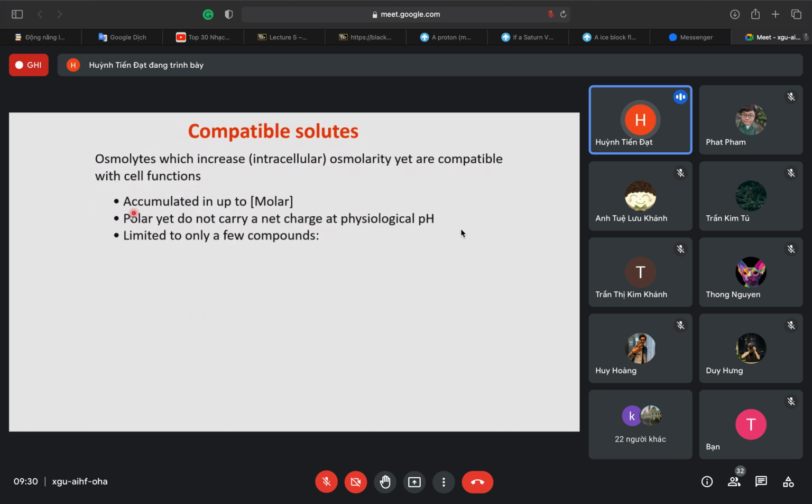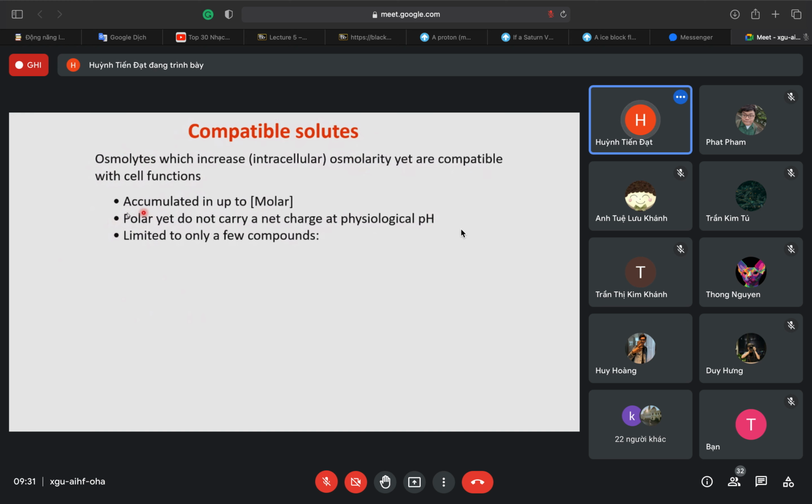Polar, what does it mean, polar, guys? Polar or non-polar, do you still remember the concept? Polar and non-polar. Yes, teacher.